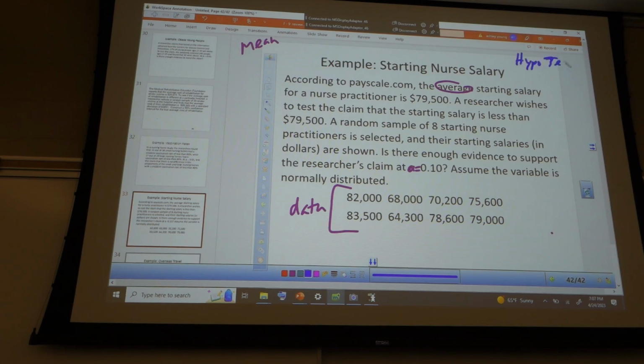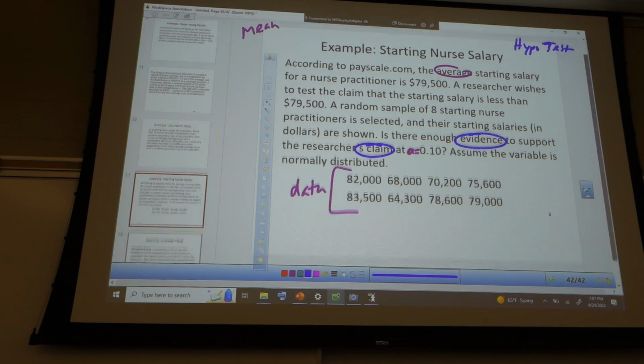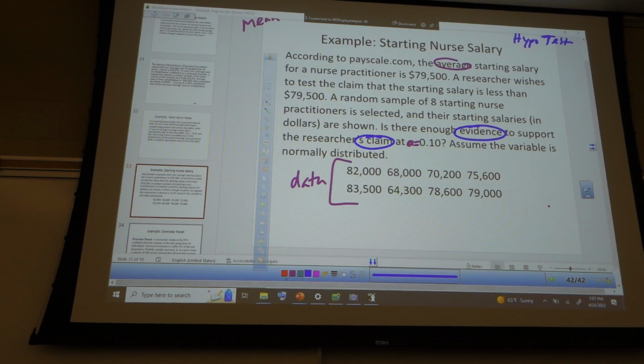There's a claim, it doesn't say estimate or confidence interval, and there's evidence. Great. How many samples are there? One sample. Not the sample size. How many samples are there? 1. There's only 1 bit of data.